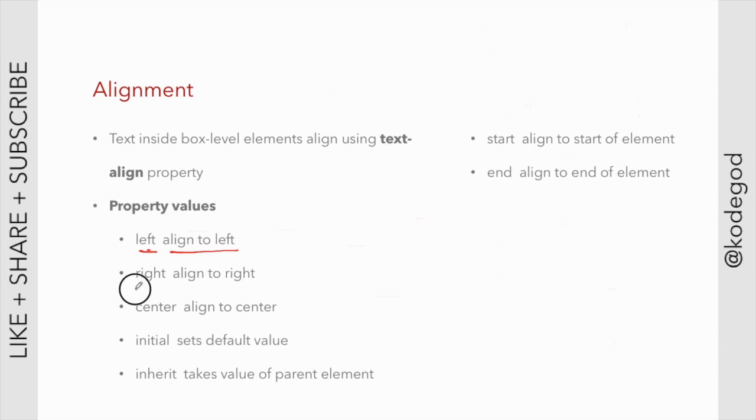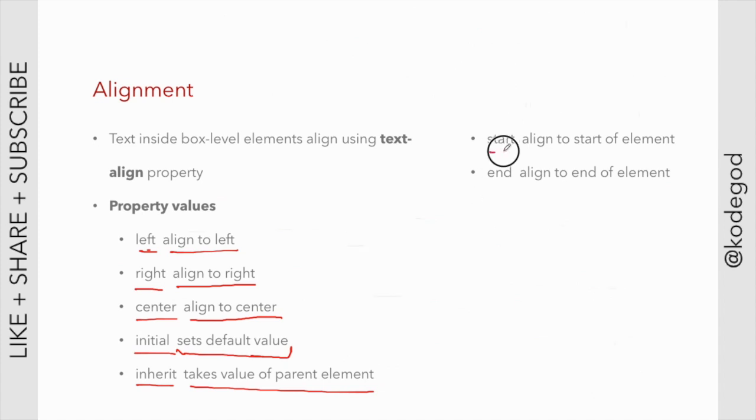Then you have right, which aligns your text to the right hand side. Then you have center, which aligns your text to the center. You can specify initial, which sets the value to the default, and you know that inherit will take values from the parent element.